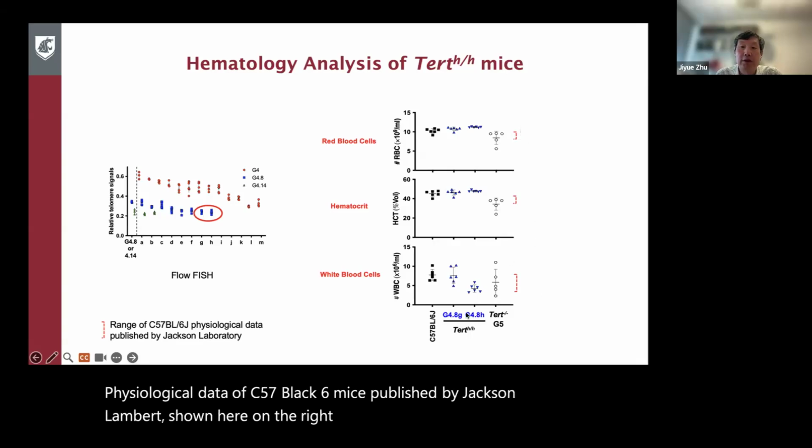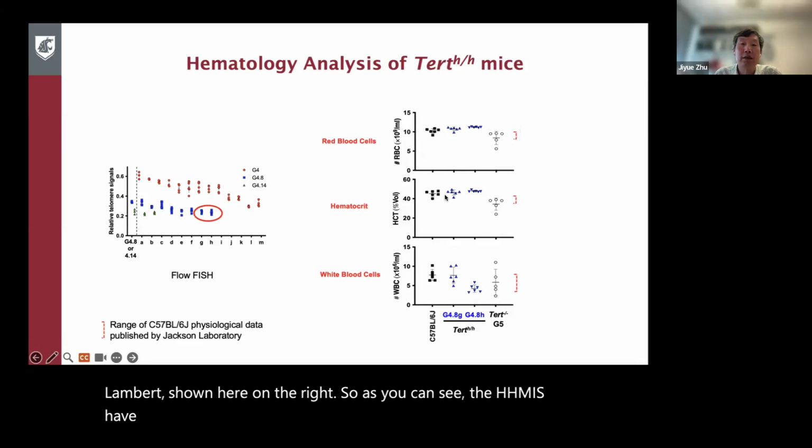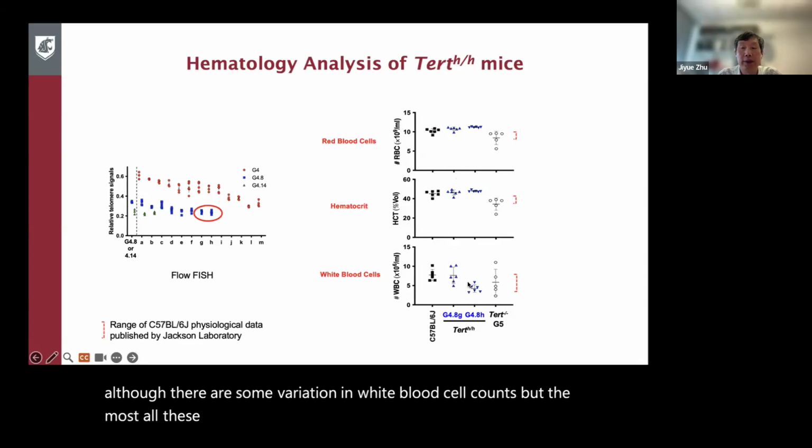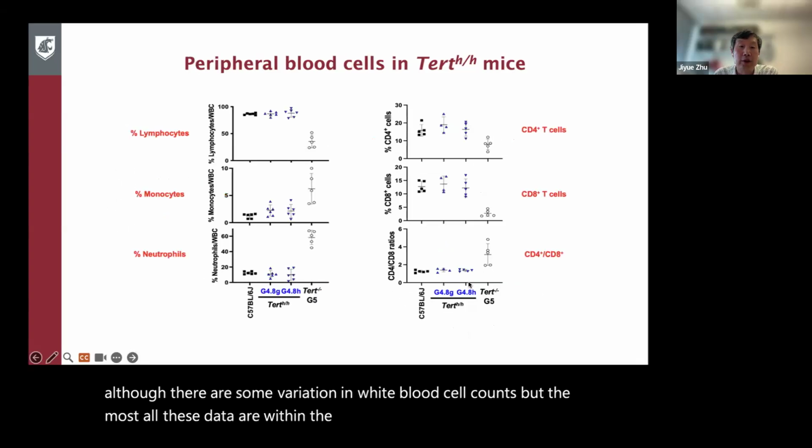As you can see, the HH mice have normal red blood cell counts, normal hematocrit, and although there is some variation in white blood cell counts, most of these data are within the normal range of C57 black 6 mice.